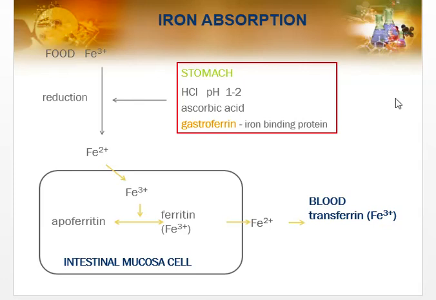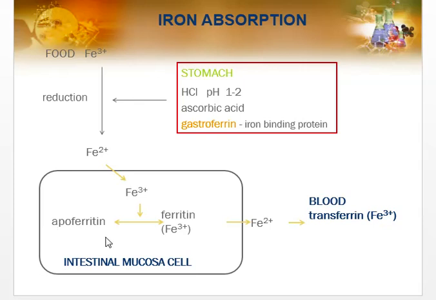This is iron absorption. Food which contains ferrum 3+ undergoes a reduction process. In the reduction process we can get ferrum 2+. Ferrum 2+ in the organism also will get to ferrum 3+.